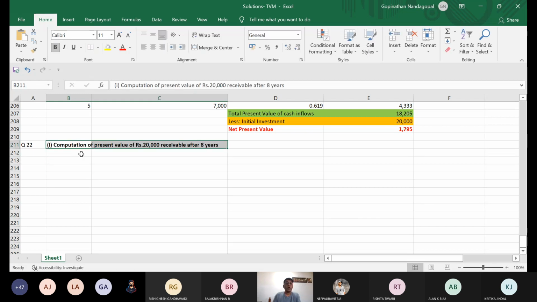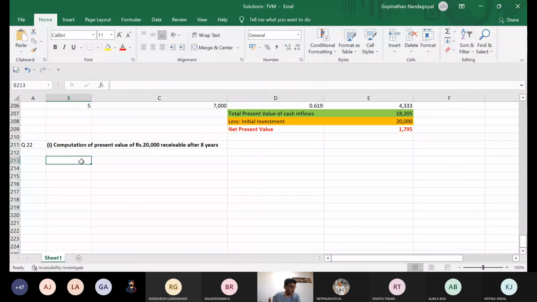Okay. So what you have to do here is now PV, that is present value of rupee 1 receivable after 8 years at 14%.